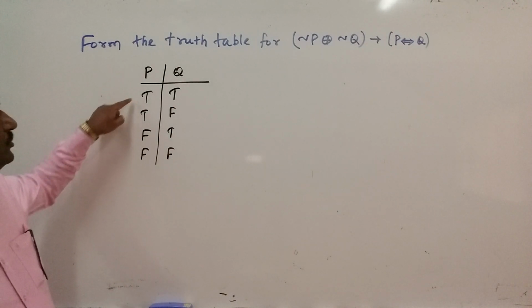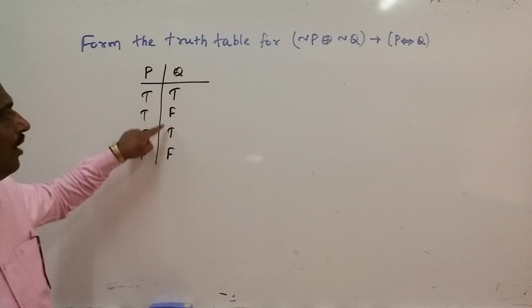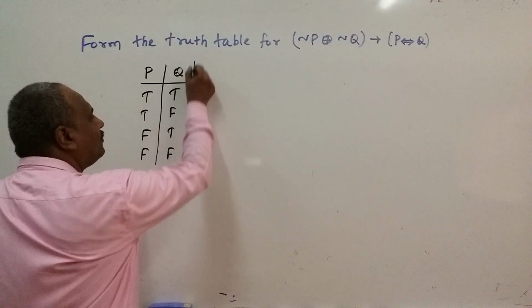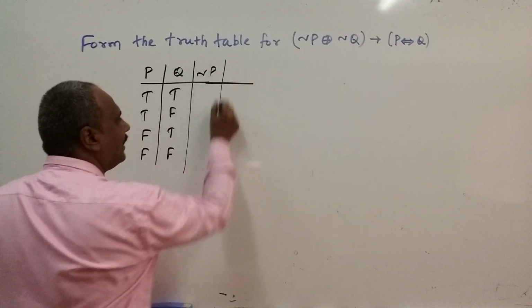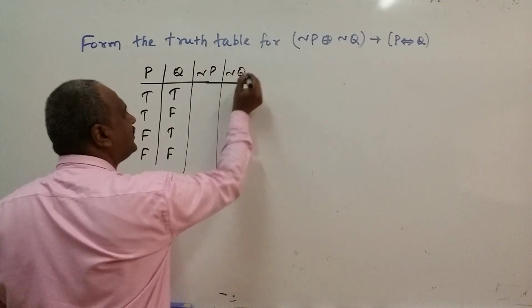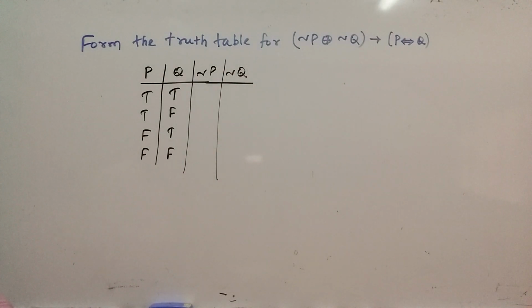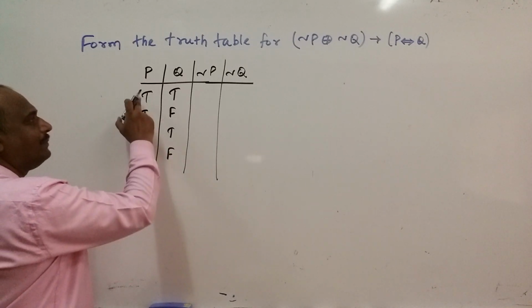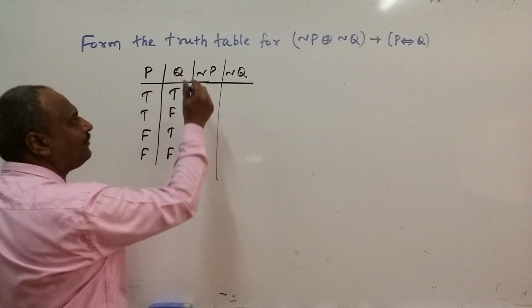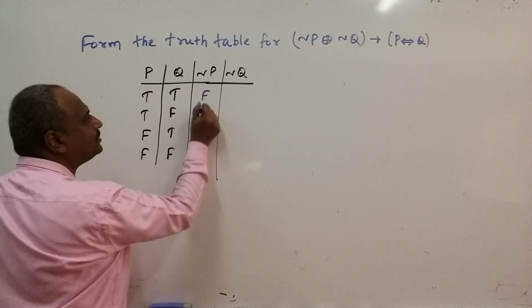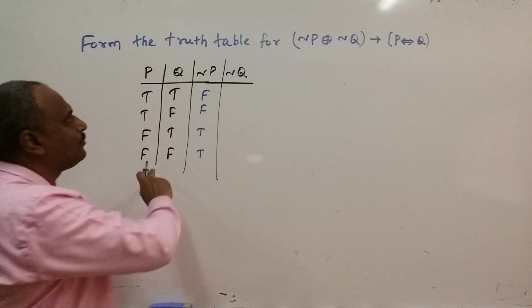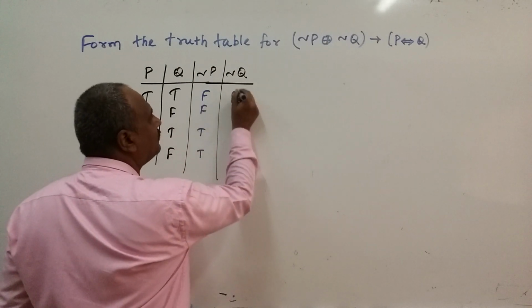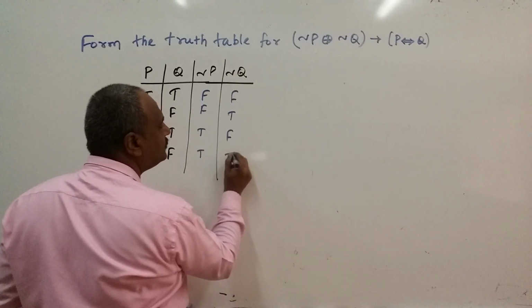Now from this I am going to find negation P and negation Q. Negation P is the opposite of P. P here is true, true, false, false, so the opposite is false, false, true, true. In the same way, the opposite of Q becomes false, true, false, true.